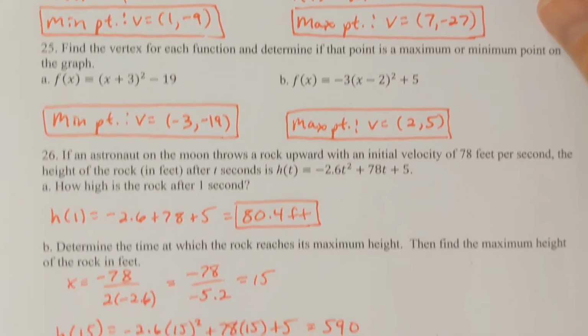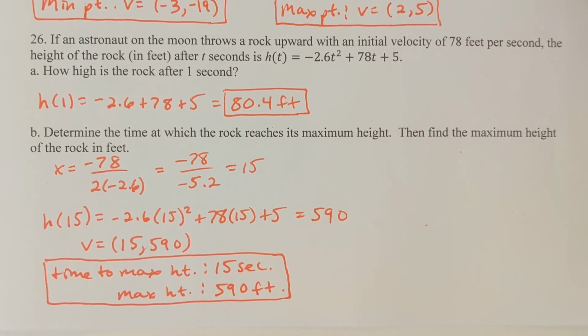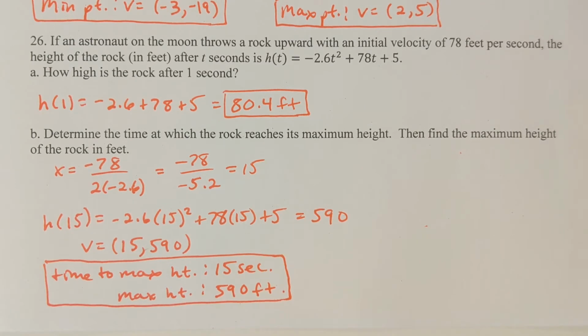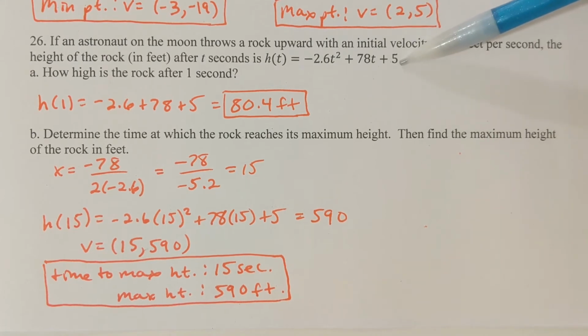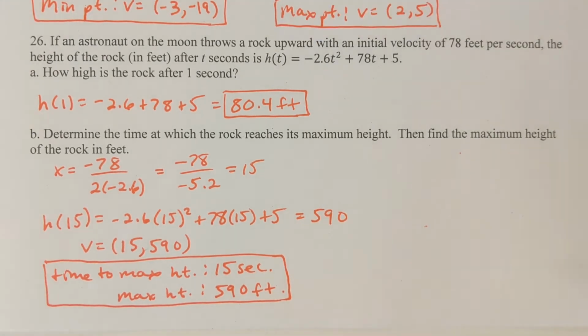There's a couple of application problems mixed into this at the end, so I thought we'd take a look at maybe 2 of them here to finish things off. Problem 26. If an astronaut on the moon throws a rock upward with an initial velocity of 78 feet per second, then the height of the rock, which is in feet, after t seconds is given by this function here. Okay, part A, how high is the rock after 1 second?